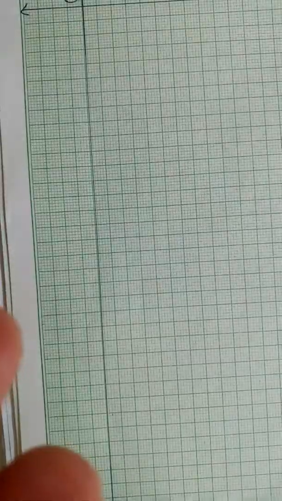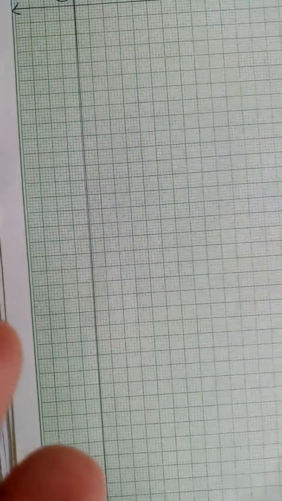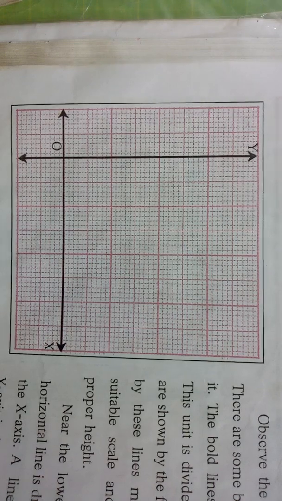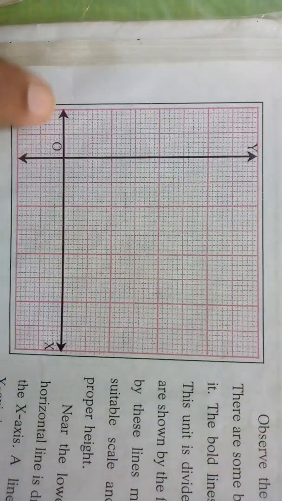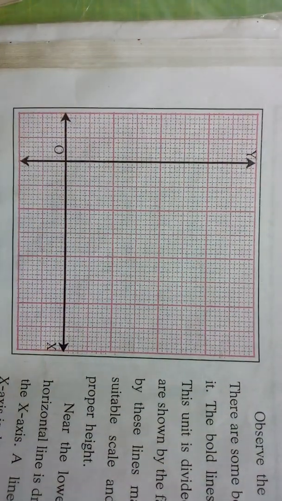Where both axes meet each other, this is called origin. See here in the textbook also you can see this is y-axis and this is x-axis.